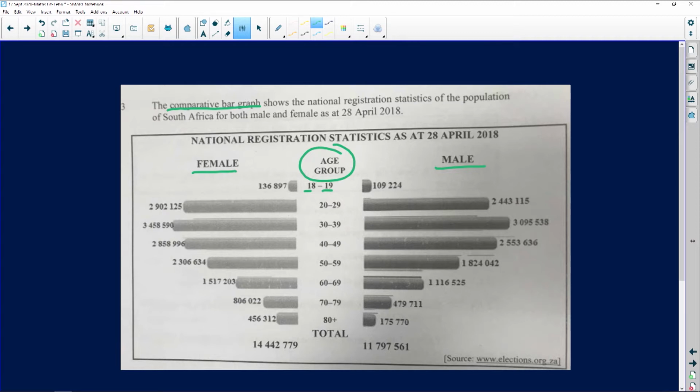So you can see that the females between 18 and 19 were 136,897, and the males were 109,224. So this is the national registration statistics of the population of South Africa. 20 to 29, the numbers grow bigger and bigger. 2,902,125, and to the other side, 2,443,115.